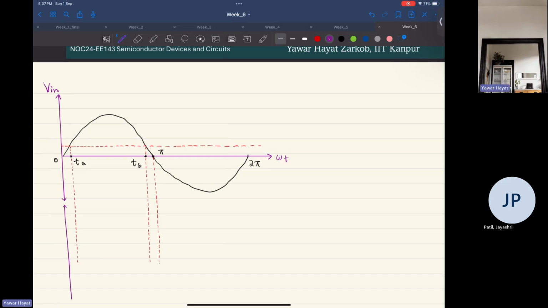Okay, now consider that this is your omega t axis. This is your V out.